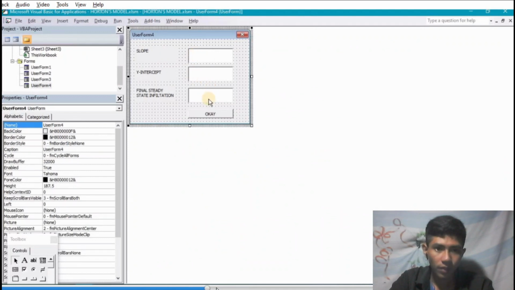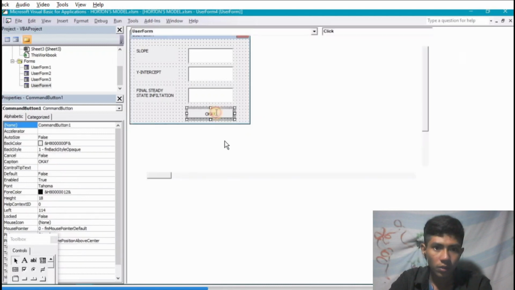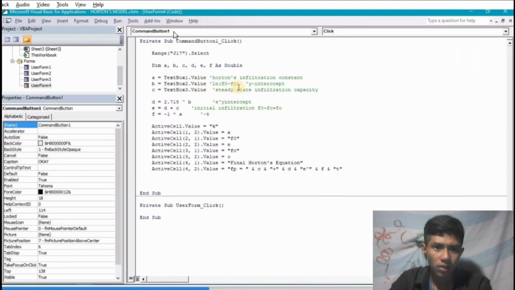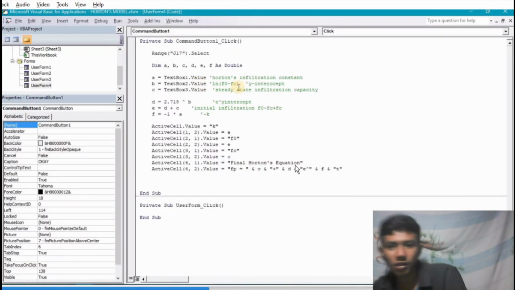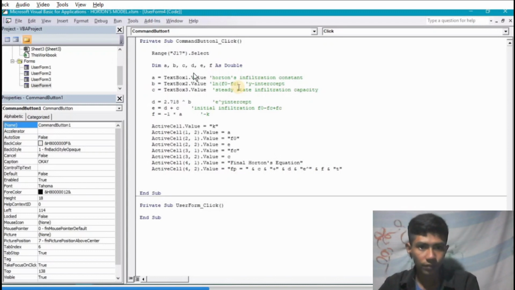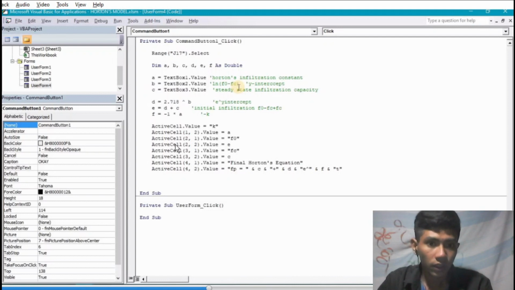Okay. Now this is the part steady state. I'm not gonna discuss it here because how I got the parameters will be discussed further as we continue the video.